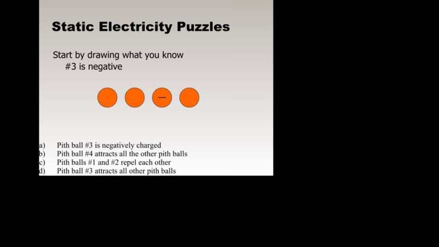So using your laws of electricity and electrical charges, try to figure out what charge balls number 1, 2, and 4 might have. Like I said, if you figure it out on your own, I'll give you a few points extra credit on this homework grade, and we are going to talk about it in class on Friday.